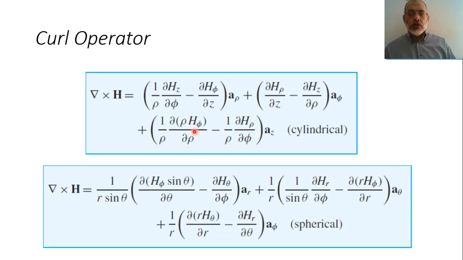And to remind you, when we make this differentiation, we first multiply H phi with rho and then take the derivative of this combination with respect to rho.